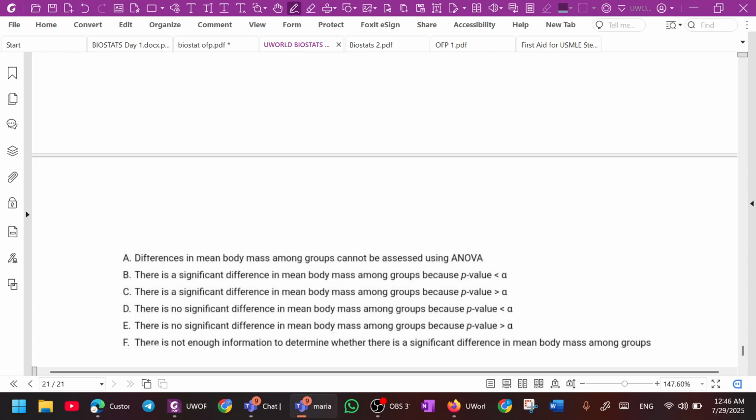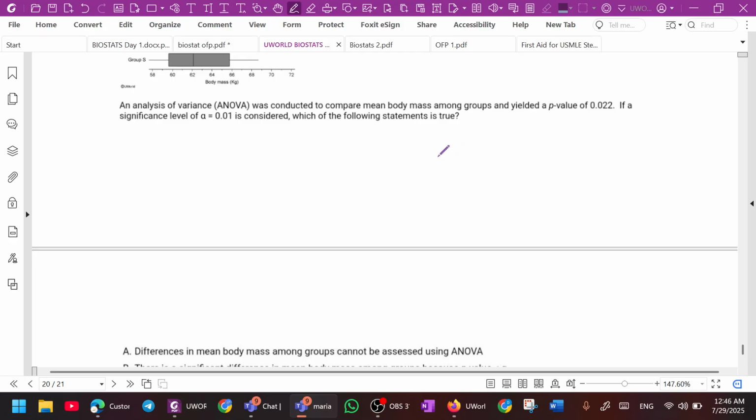The only time it changes is if the researcher for this study himself says, you know what, I don't want to use 0.05. I want to use 0.04, 0.10, 0.01, or 0.02. It's when the researcher himself, for that specific study, sets another alpha.